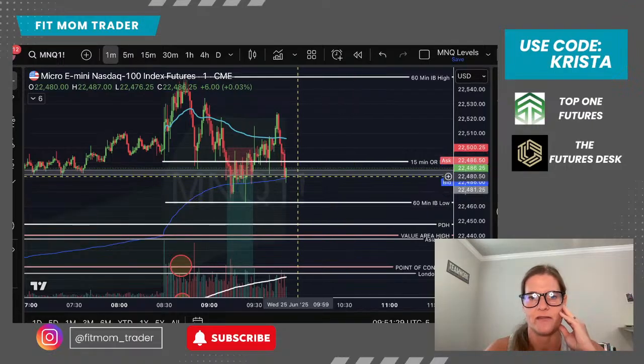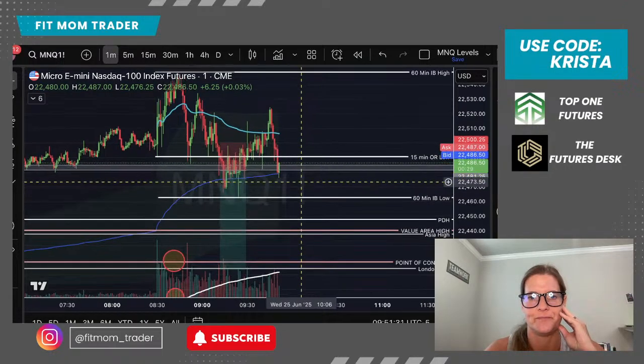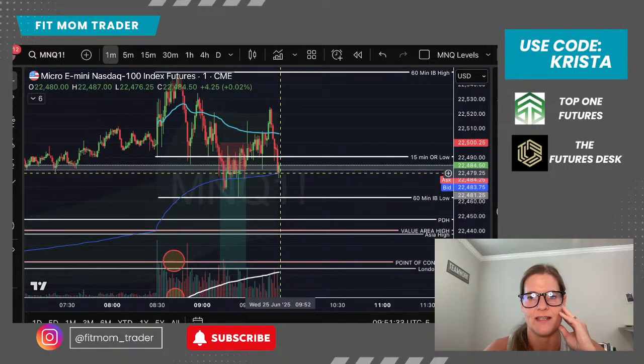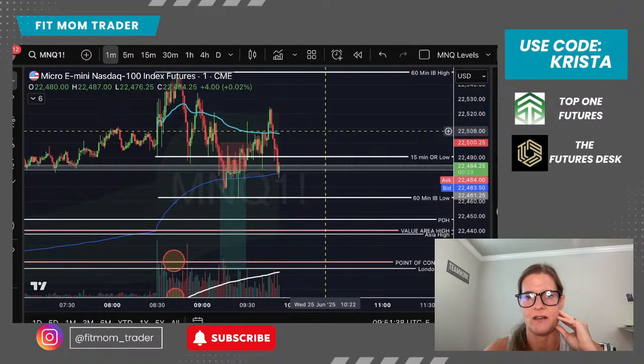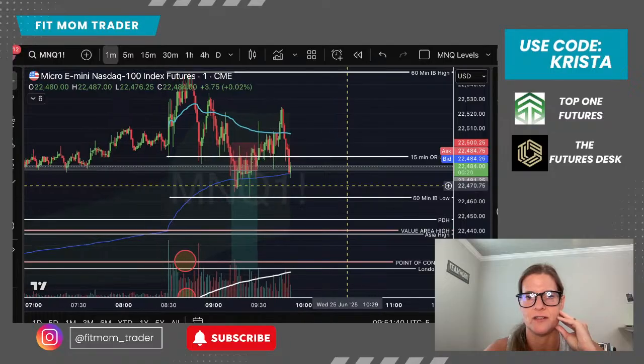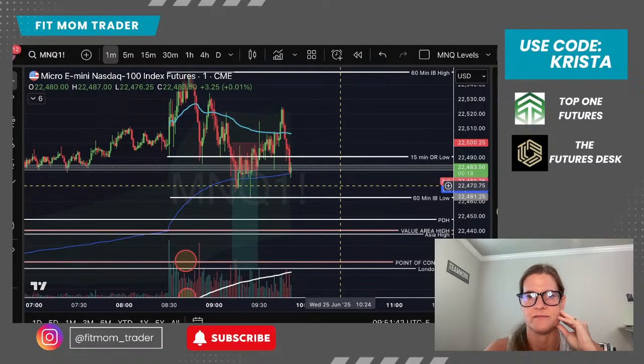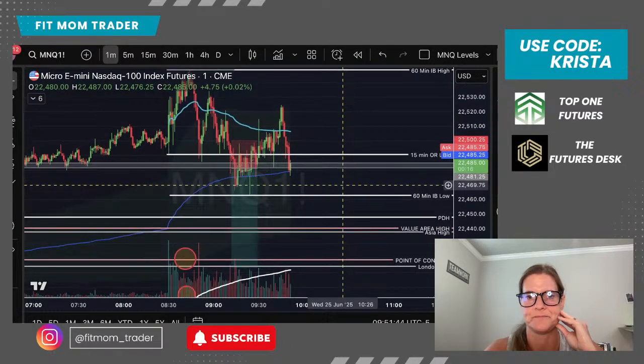All right, bouncing off of VWAP. I'd like to see it get down to initial balance low, maybe grab some liquidity and bounce off for a nice little failed auction. It's kind of what I'm hoping for.